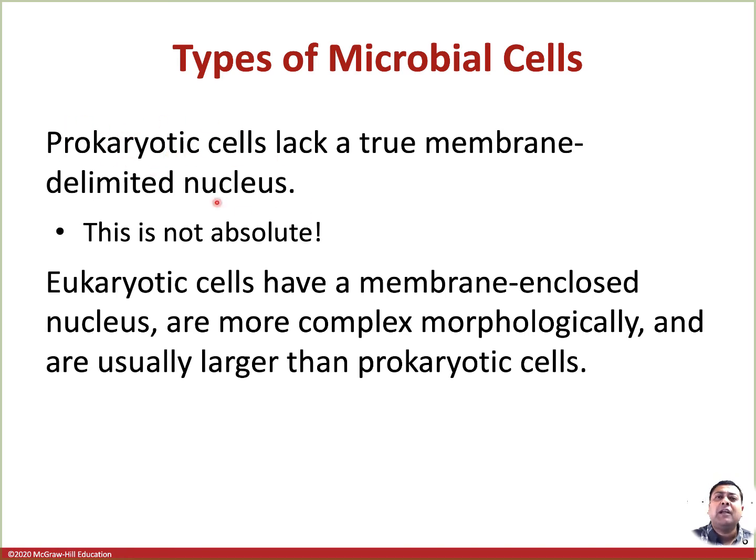So a very crude definition is that if you have a cell where the nuclear material is not enclosed within the nuclear membrane and is scattered within the cytoplasm, that's a prokaryotic cell. But this definition is not correct.